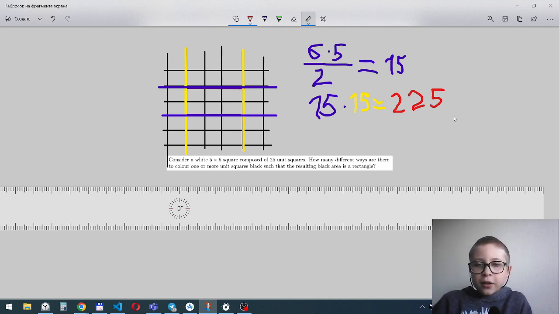There are 225 ways to color one or more unit squares red such that the resulting red area is a rectangle.